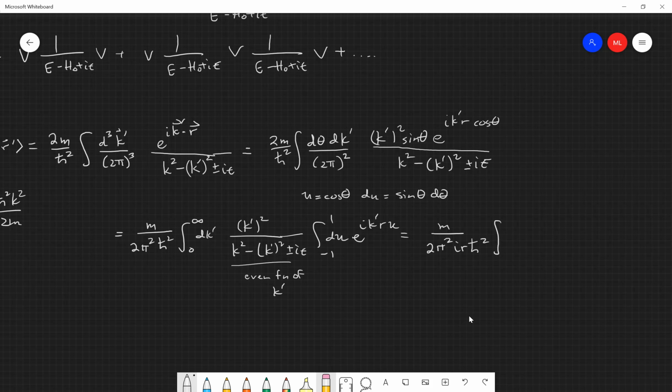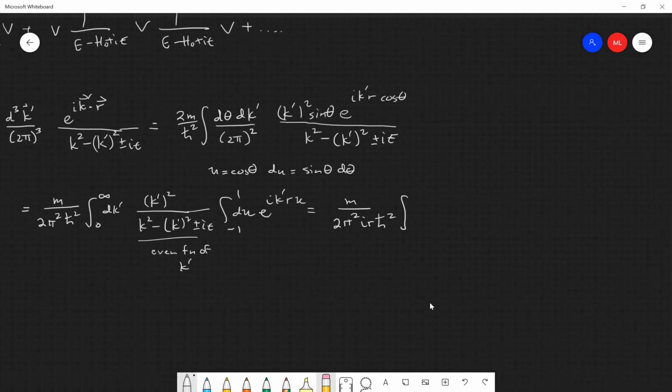But the leftover stuff is an integral from... Oh, so it's a little bit, yeah. This is an even function of k prime, but this you can work out. What it gives you is a sine, which you can break up into two pieces, but in the end, you can combine those two pieces into one integral that goes from minus infinity to infinity, and it's dk prime.